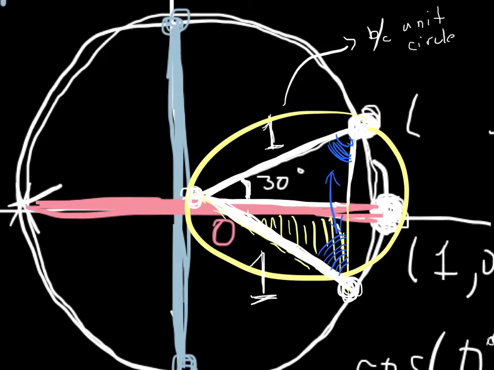Right? And then we go up here and we say, okay, I duplicated this angle 30 and 30, so this total angle is 60. Okay. Which means these have to be 60 because the total has to be 180.